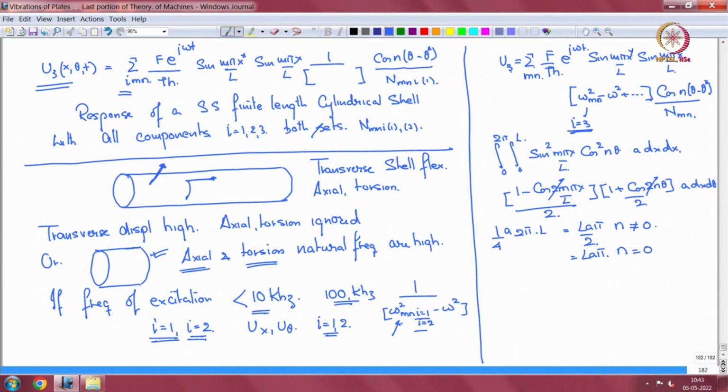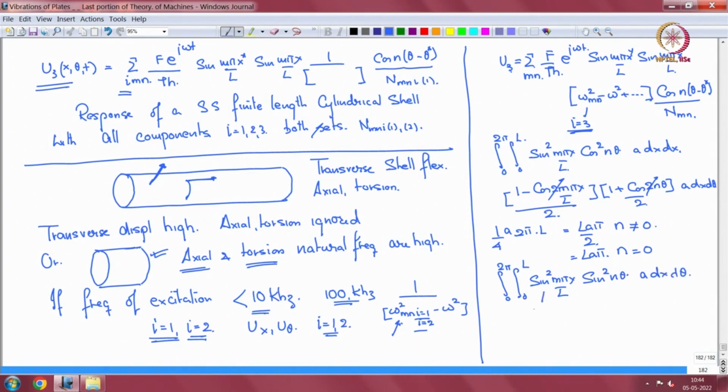Similarly for the other set, integral 0 to 2 pi, which we have already seen, sin square m pi x by L, sin square n theta, a dx d theta.